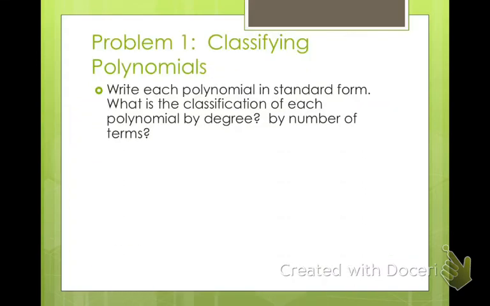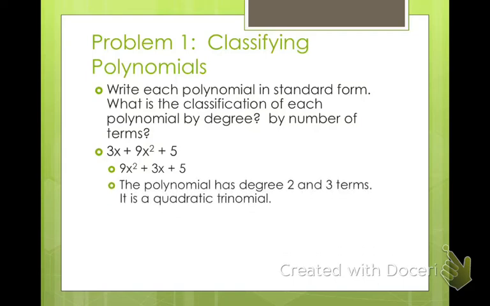So let's classify some polynomials. First thing we need to do is write them in standard form. So you rewrite. So 9x squared is first, then 3x, then 5. So 9x squared plus 3x plus 5. Our highest degree is 2, so it's a quadratic, and there are 3 terms. So quadratic trinomial.